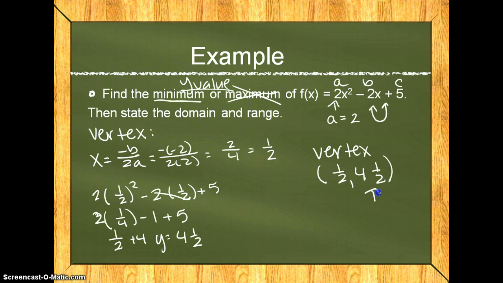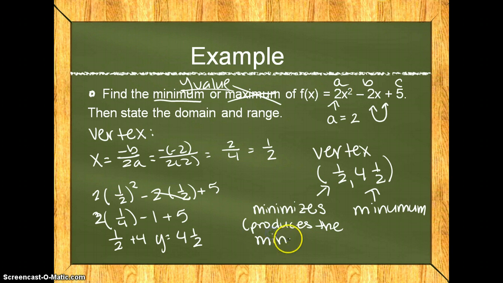The y value is the minimum. The x value is what minimizes, in other words, produces the minimum. And the reason why that's the case is because it's the independent variable, while the y is the dependent.